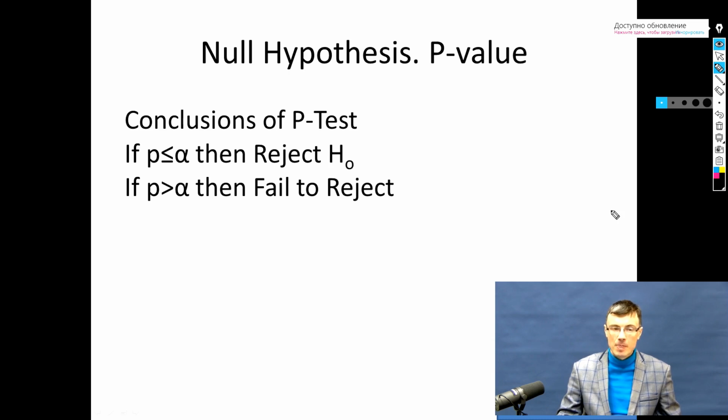hypothesis. And in the other case, if the probability to obtain this data is more than the level of significance that is often used, 0.05 or 5%, then we fail to reject null hypothesis, but it doesn't mean that it's true.